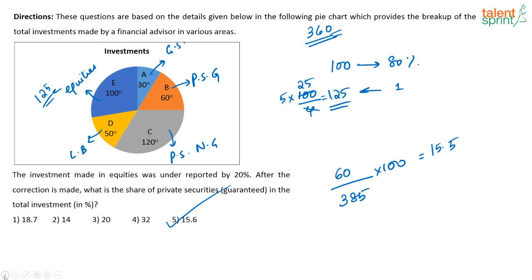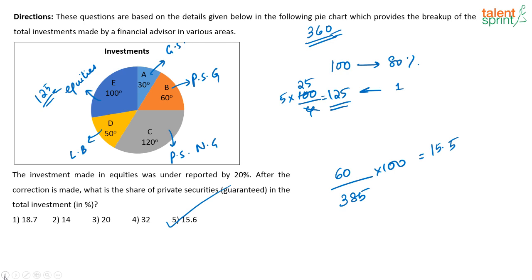What is given here? The investment made in equities was underreported by 20%. After the correction was made, what is the share of private securities guaranteed in the total investment? So initially we have assumed that if total investment is 360, out of that 100 is invested in equities. But this 100 is not the total amount that was actually invested in equities.